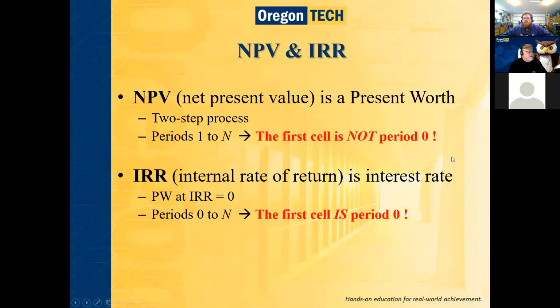Now then, it's a present worth. You have a two-step process, and we're going to go through these examples. The trickiness is that net present value works for all future periods, periods 1 to n, whether it be 5 years, 48 months, whatever it is. You don't use it on the current value, your period 0, because you know how much the present value of period 0 is.